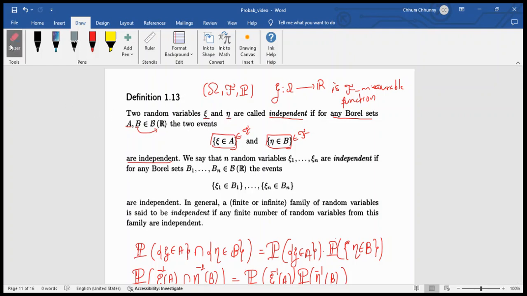So this is the concept of independent random variables.